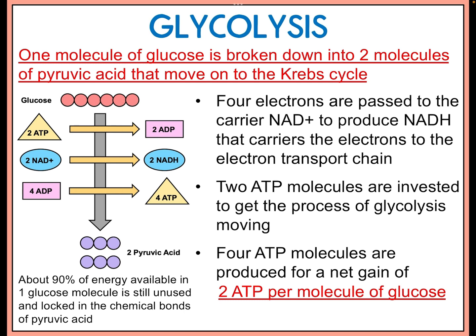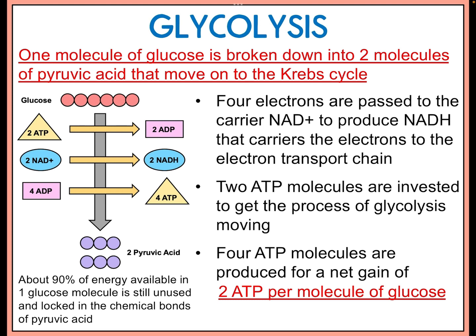It just gets used in a different manner. One molecule of glucose is broken down into 2 molecules of pyruvic acid, and that moves on to the Krebs cycle. 4 electrons are passed to the carrier NAD, which produces NADH, and that's the carrier that brings the electrons to the electron transport chain. 2 ATP molecules are invested to get the process of glycolysis moving, because again, this is a process that does require energy as well. 4 ATP molecules are produced, so there is a gain of 2 ATP molecules per molecule of glucose made in glycolysis.